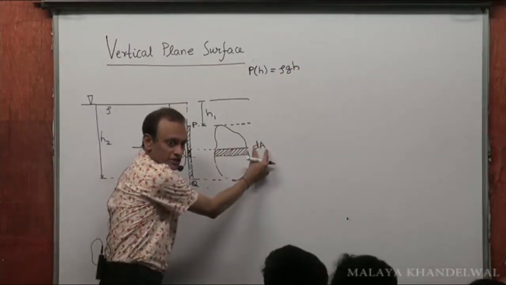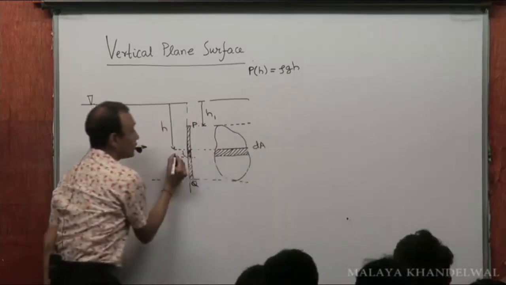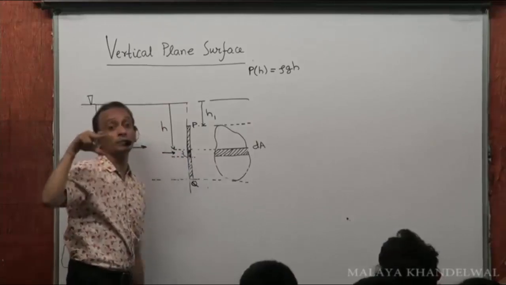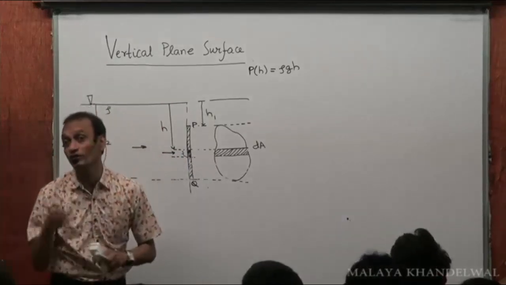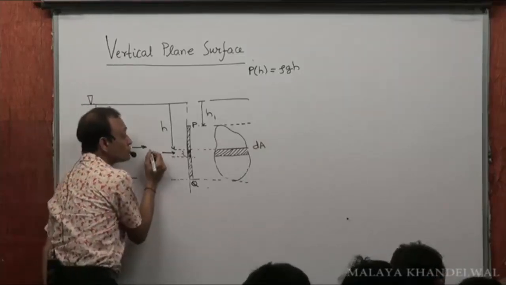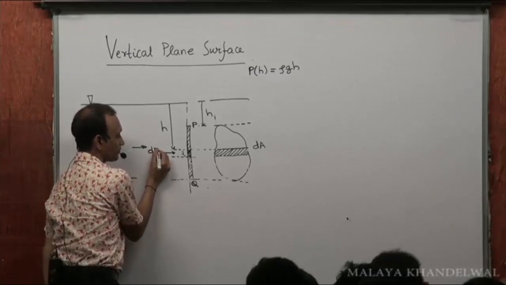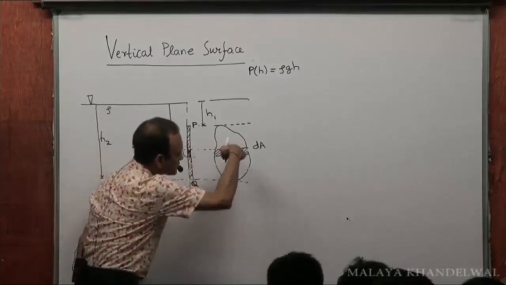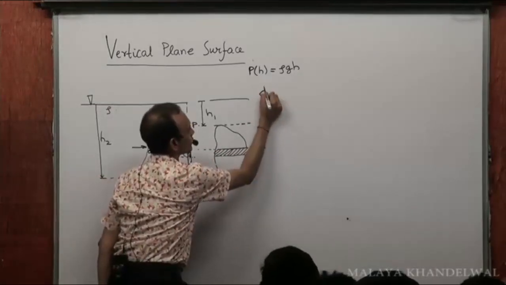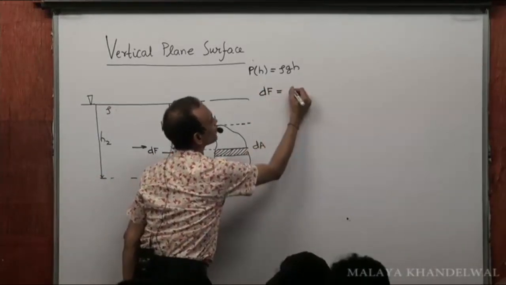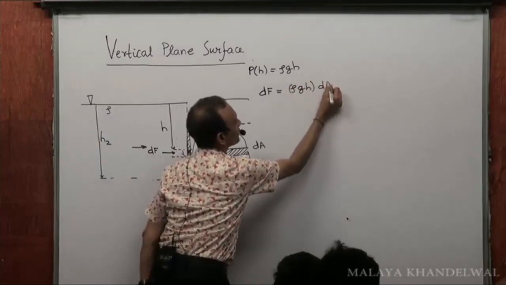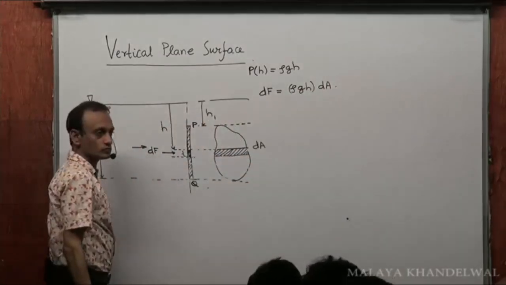The force on this element dA will always act normal to the surface, because the force due to pressure always acts normal to the surface, right? So the force dF, normal to the surface, is going to be rho gh into dA. Yes or no?